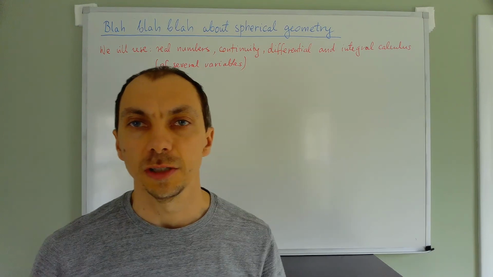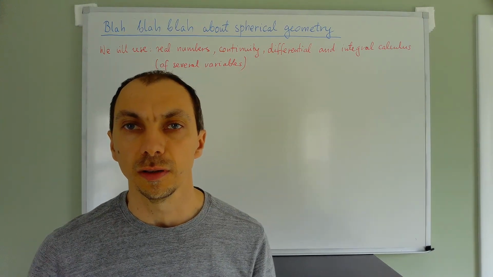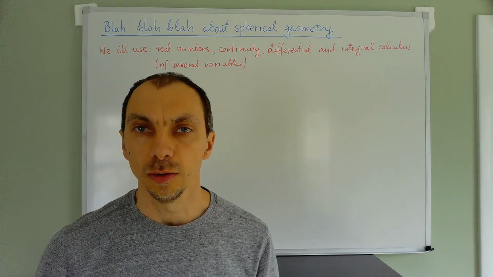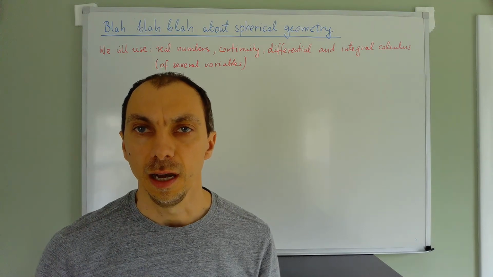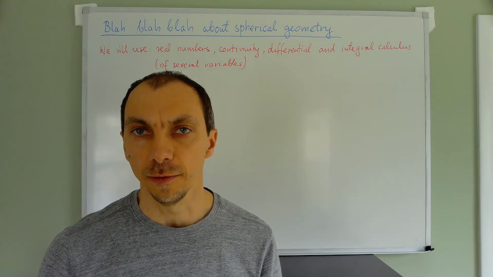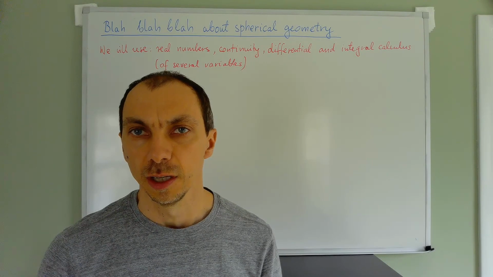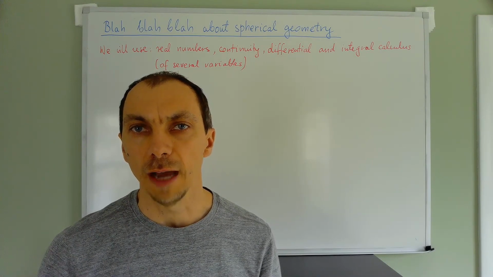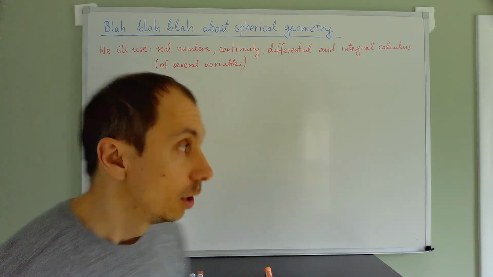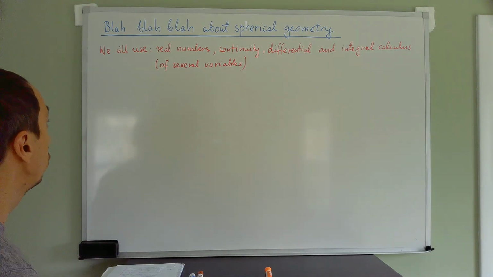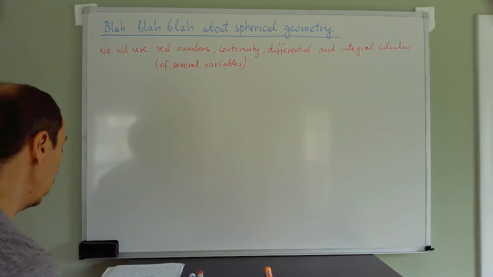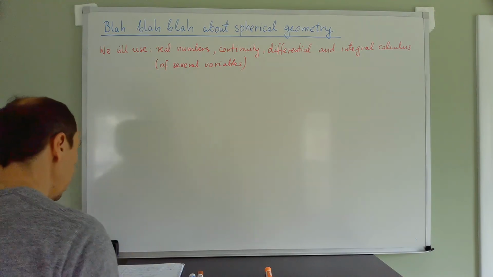So in a sense, to measure distance between two cities on Earth, you do not only need the formulas for length of lines or line segments, you actually need to know how to measure length of curves. So this is something else that we are going to need from the differential and integral calculus.